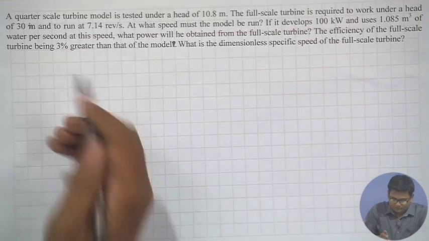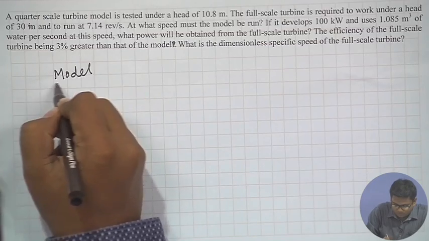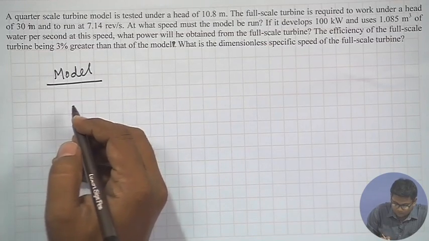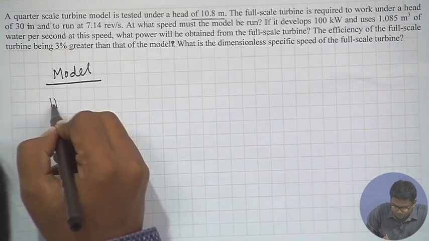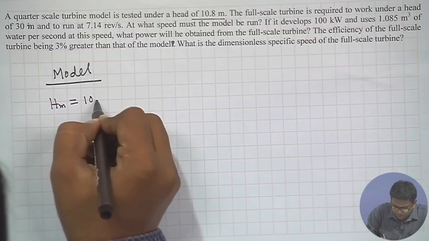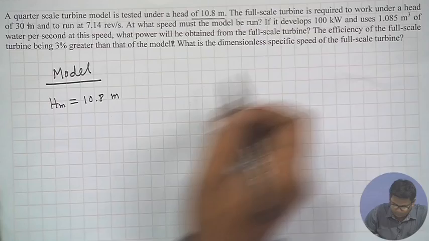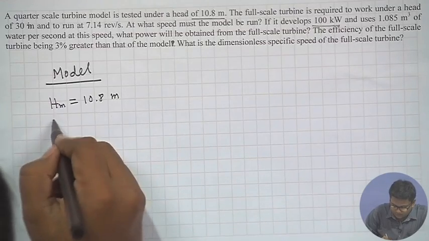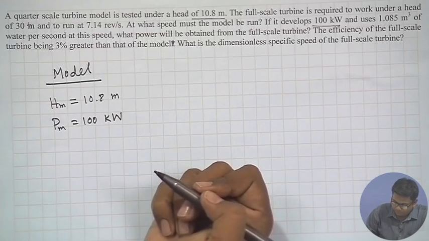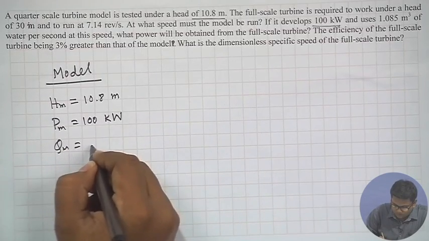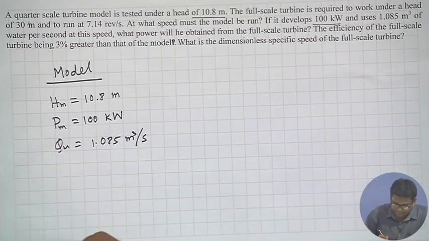So let us first list the important given quantities. For the model, the model is tested under a head of 10.8 meter, and power produced by the model is 100 kilowatt, where the flow rate through the model is 1.085 meter cube per second.